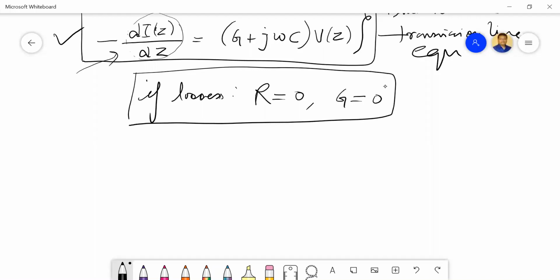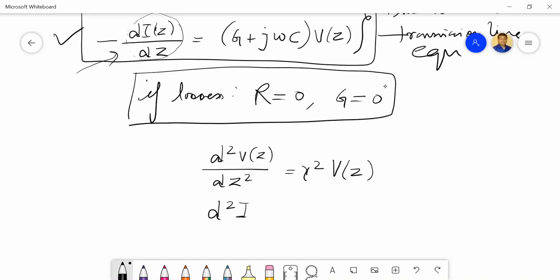If you redifferentiate this, this will be the first and this is the second. We also performed these things in a parallel plate system.